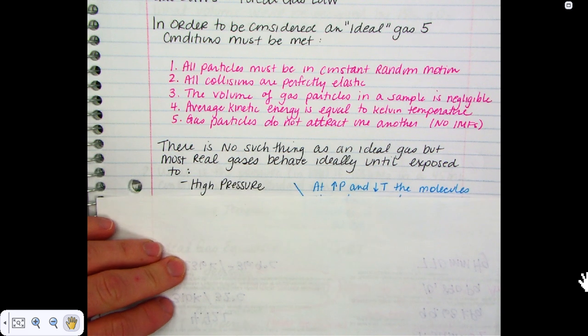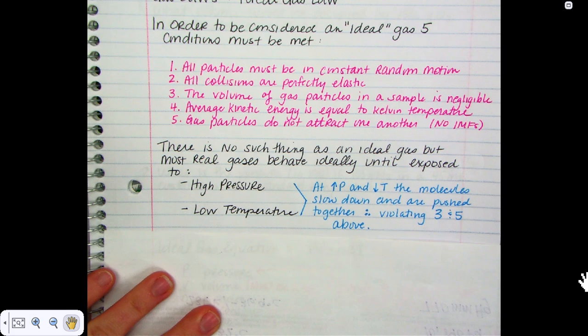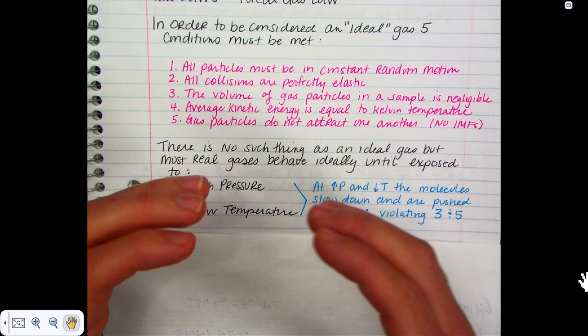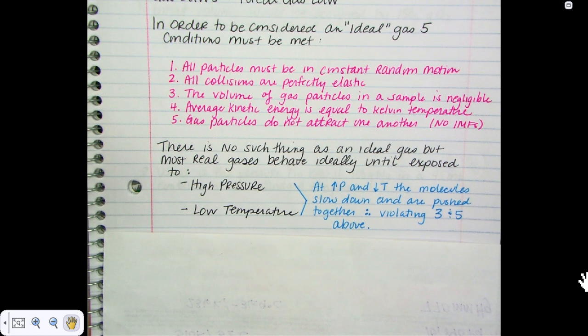The first one would be high pressure, and the second one would be low temperature. As pressure increases and temperature decreases, think about the fact that your molecules slow down and condense. They get close together, and when they get close together and slow down, we are going to see extreme violation of 3 and 5.